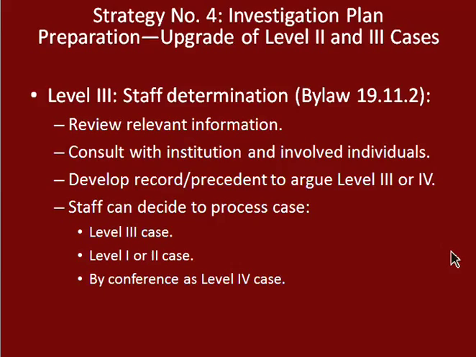We developed enough information in the record through interviews and evidence collection that when it came time toward the end of the case to make that analysis, we were successful in convincing the enforcement staff that the case should not be what would now be a level 1 case. We were able to argue that the case should be what would now be considered a level 2 case. And because at the beginning, when we prepared the investigation plan, we were able to tailor our activities, the record was sufficient to base our arguments on.